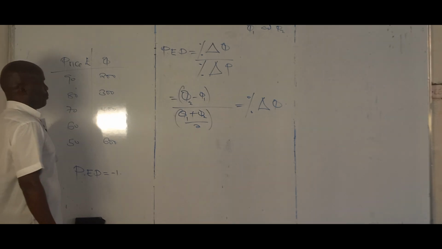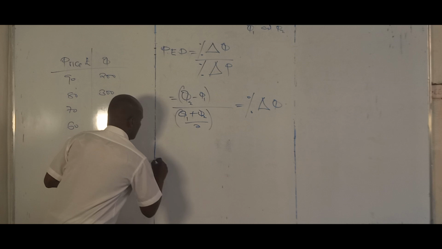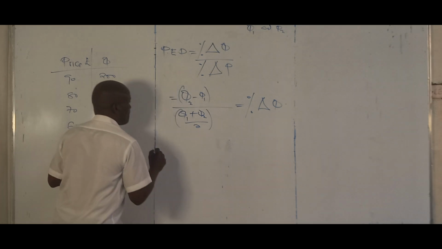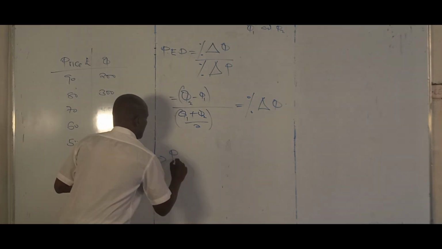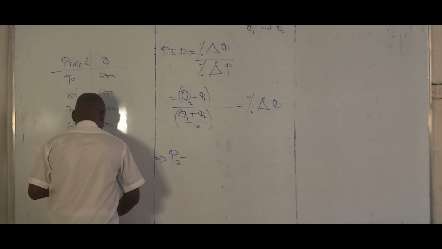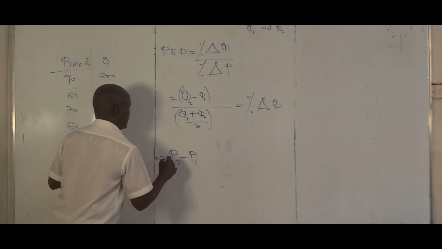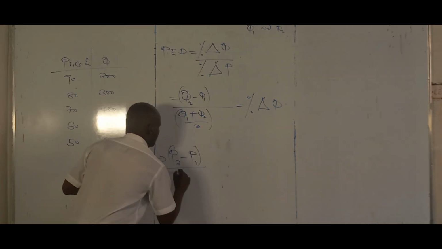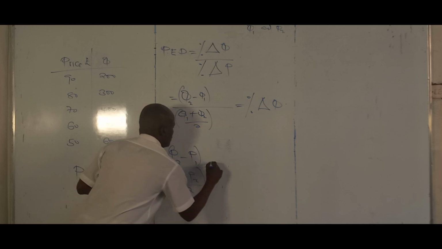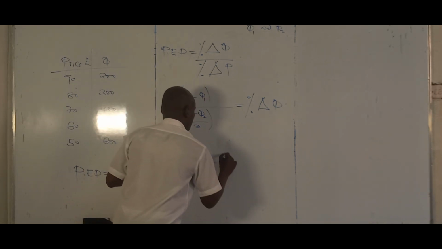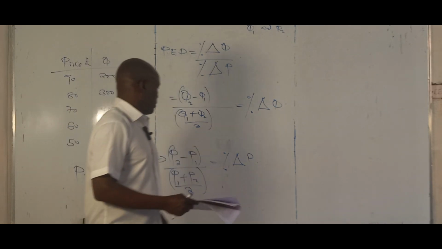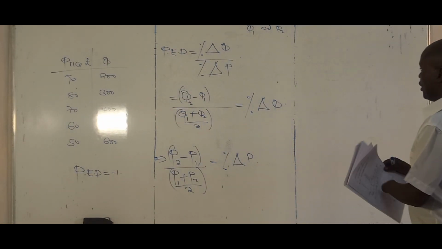Now percentage change in price follows the same. So it does imply that price 2 minus price 1, all over price 1 plus price 2 over 2, should be percentage change in price.